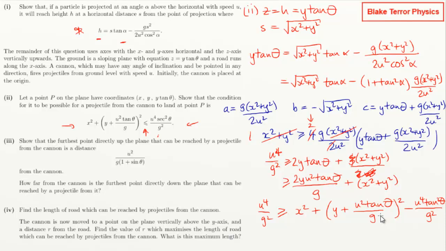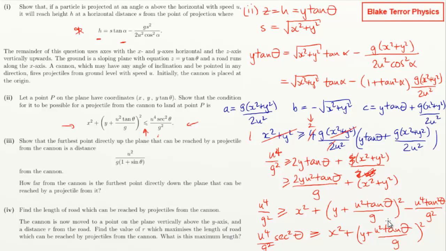So I'm going to add that to the other side and get a 1 plus tan squared, which is a sec squared. Yeah, wonderful. So u to the 4 over g squared times sec squared theta is then greater than or equal to x squared plus all the stuff in the bracket, y plus u squared tan theta over g all squared.